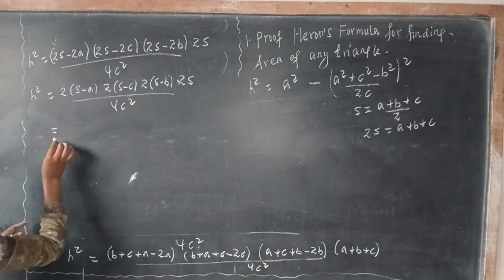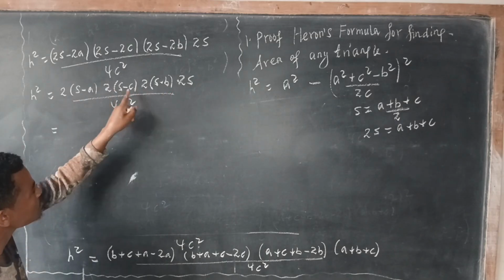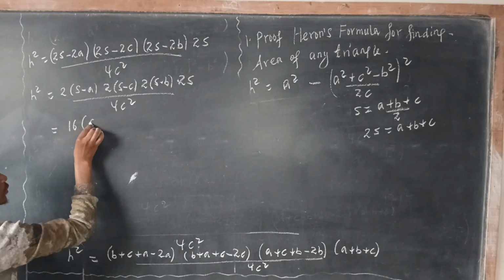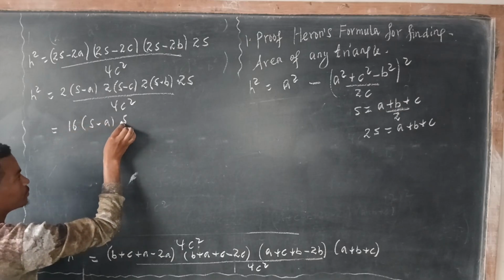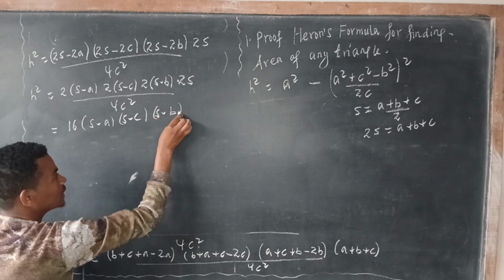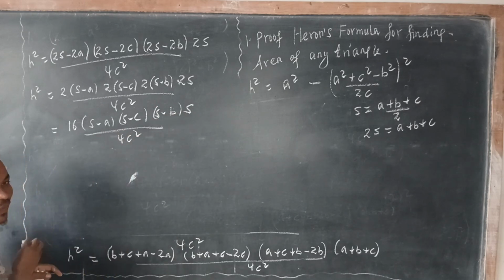This is the same with 2 times 2 times 2 times 2: 2 times 2 is 4, 4 times 2 is 8, 8 times 2 is 16. 16 into s minus a, s minus c, s minus b times s over 4c square.